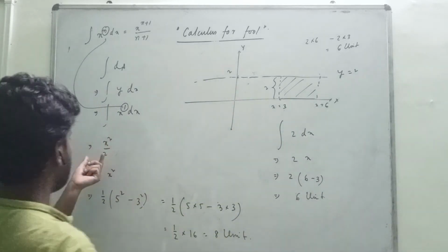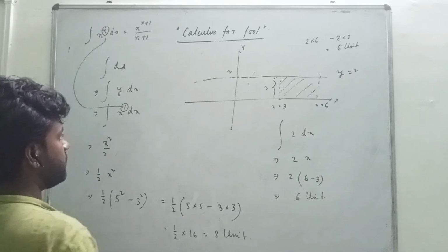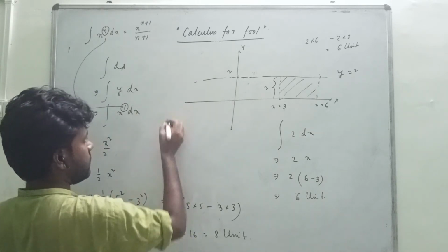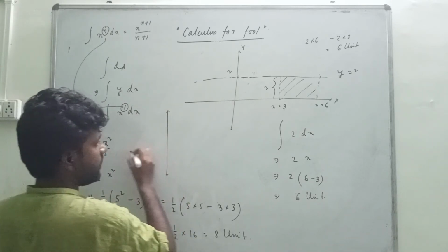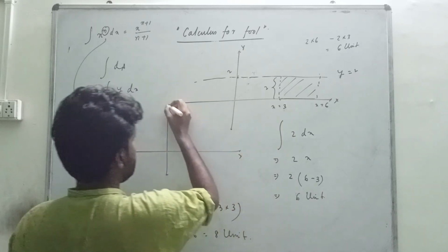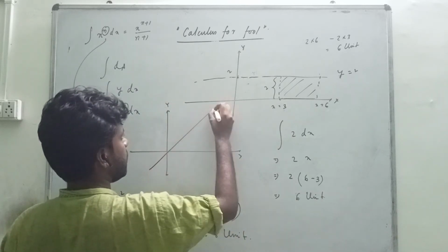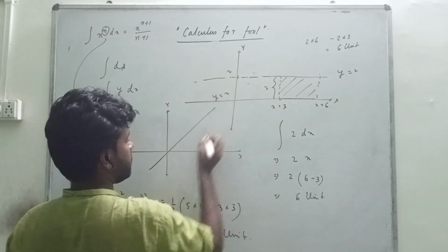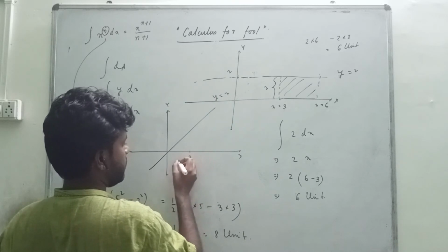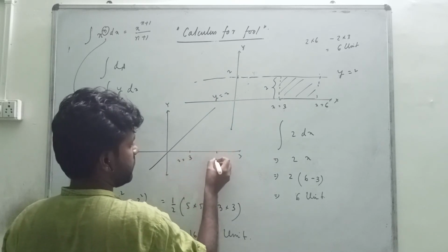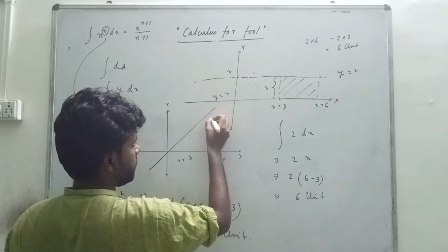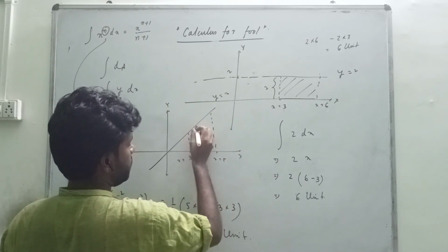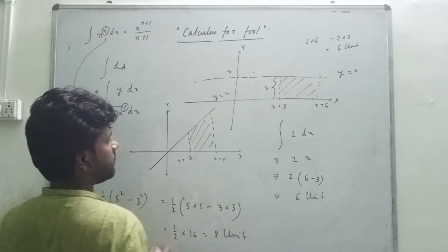And here the same thing, right? Instead of 5, for this calculation it is x, it is y, and y equals x. It is x equals 3 here, x equals 5 here, and you want to calculate this area.